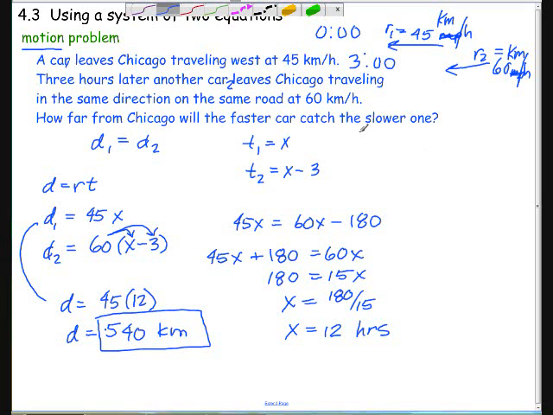So before this one even starts, it's already covered, what is that, 135 kilometers. It's gone that far from Chicago before the second one even gets started. And then this one is faster, would have to be, but not horrendously faster, so I think that makes sense.